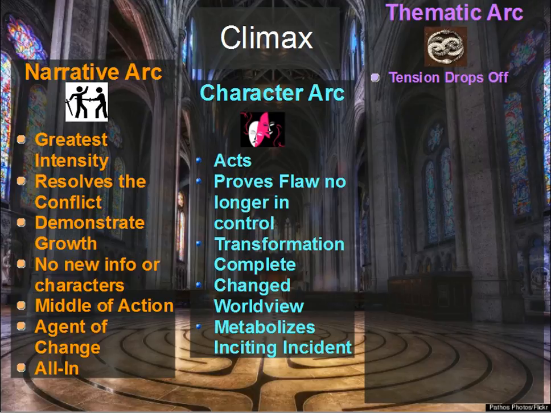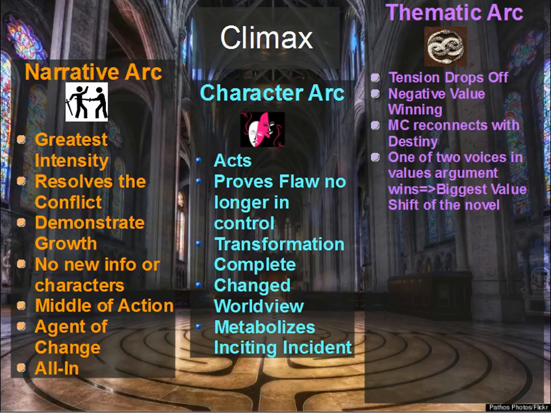Then, at the climax, the main character reconnects with his destiny, and the positive version of the value and the story premise win after all. The sudden change in value and the premise stand out against the stark background of the rest of Act 3, creating a strong emotion. The emotion promised in the inciting incident is finally delivered to the reader.